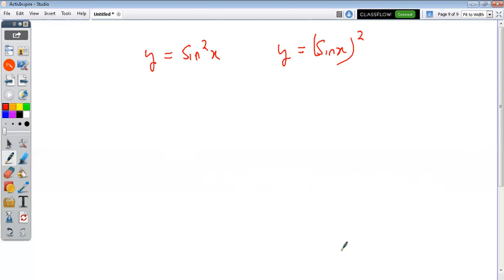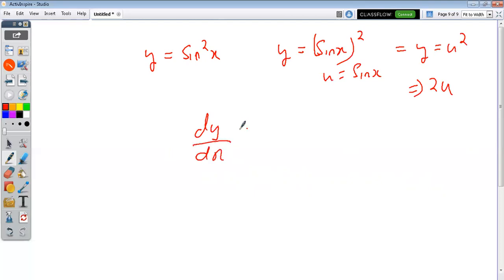So your u is sine x, if I can put it that way. We can do chain rule again. Your u is sine x, so this is the same as saying y is equal to u squared. Y is equal to u squared simply gives you 2u. So dy over dx is equal to 2, what is u? U is sine x, but multiplied by the differential of what is inside the bracket. What is the differential of sine x?